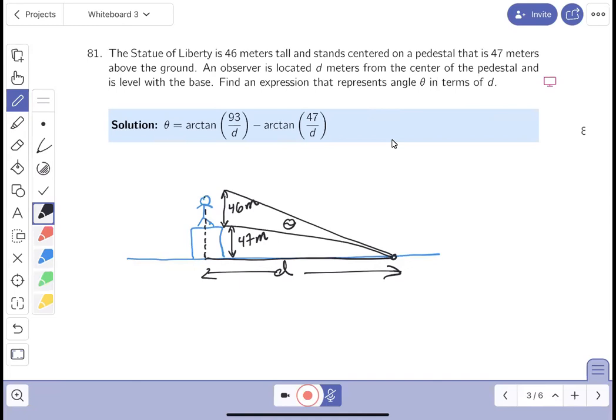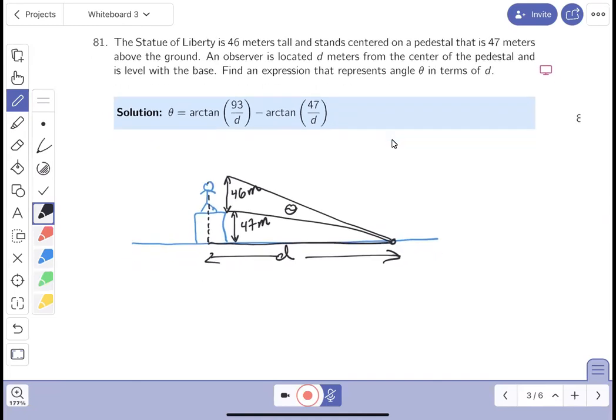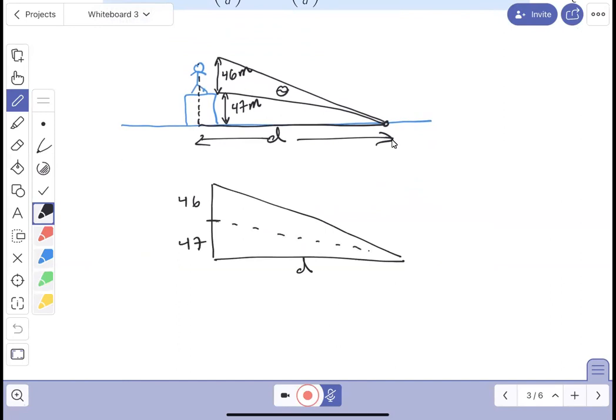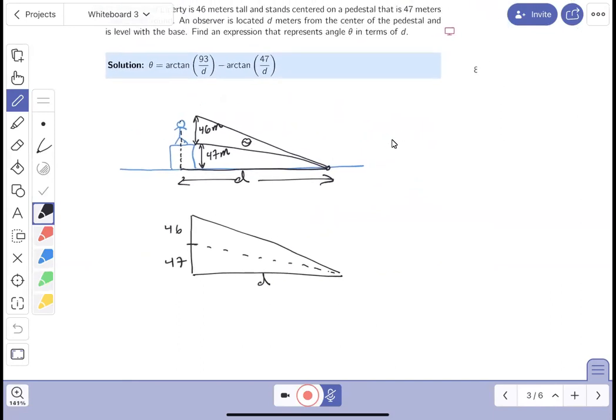Let me draw my triangle in for you. And again, there's got to be a theta somewhere in the problem. I'm not sure what theta they're talking about, though, but we'll look at their answer. And really, there should be a picture associated with this. So let's take a look.